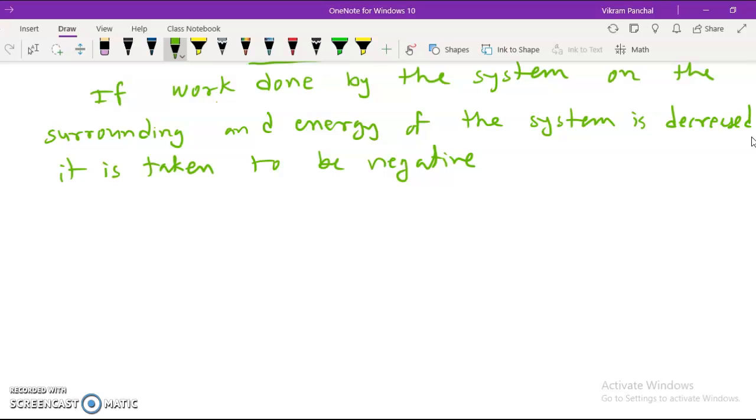That means when work done by the system, W will be negative. This is very important. So you should know when W is negative or W is positive. Similarly, when Q is positive and Q is negative.